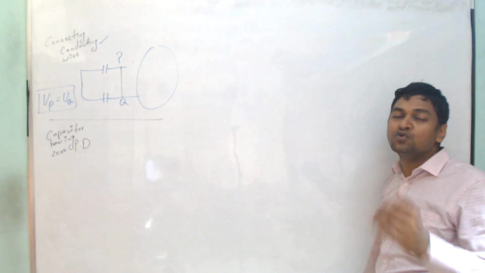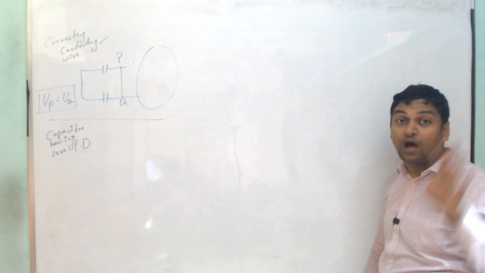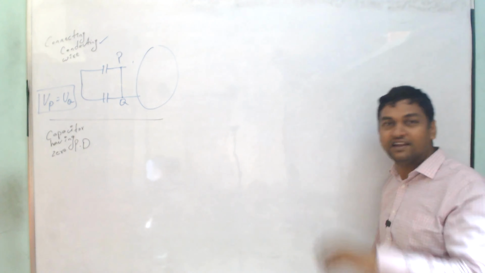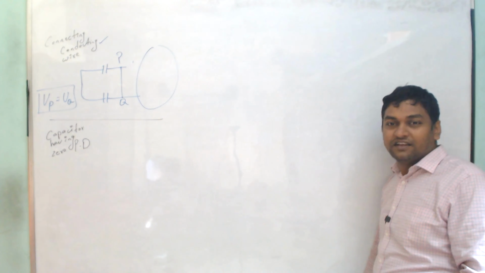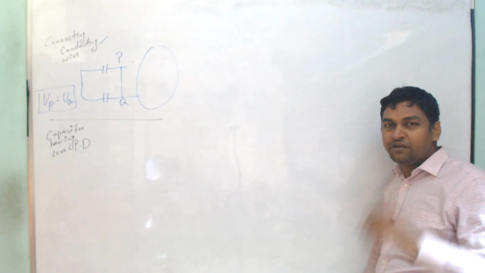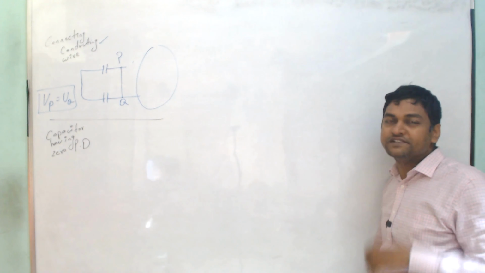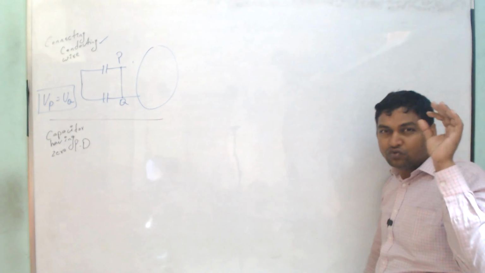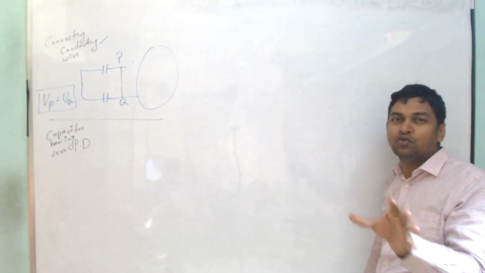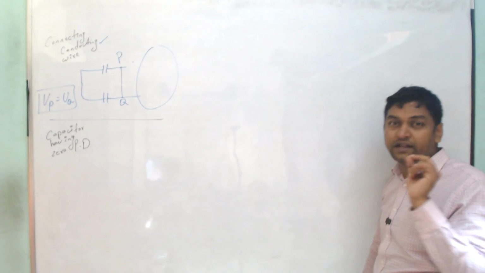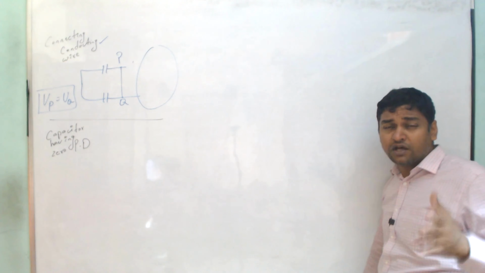Because you know there is charge flow going to occur by connecting a conducting wire. By connecting 2 points by a conducting wire, you know that there is a charge flow going to occur through the conducting wire. Why do charges flow?